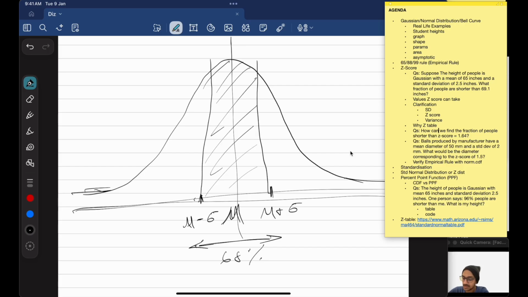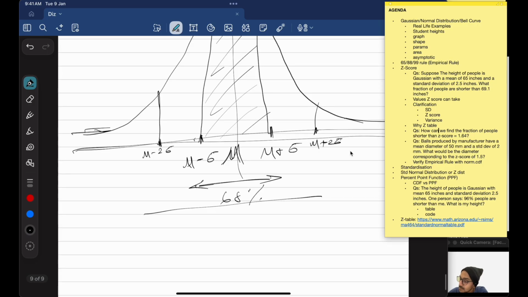So 68% of data will be within this range, and mu minus 2 sigma and mu plus 2 sigma, 95% of data will be in this range.